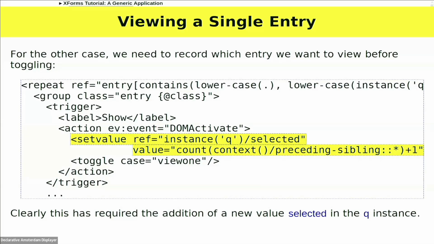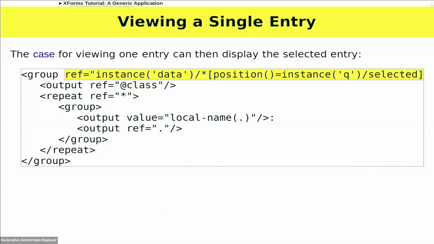That's just an integer. For the current element, we just count the number of preceding siblings. When we click on that button, we count the number of preceding siblings plus one, and we set the selected value, and then we toggle the case, the view one case, and then the view one entry.